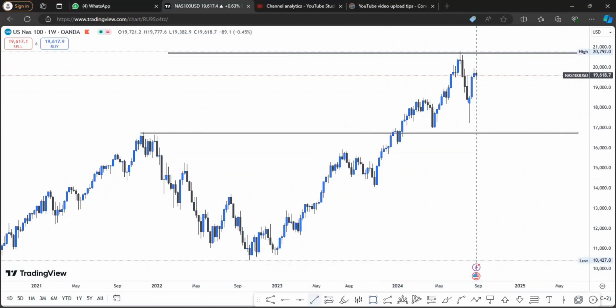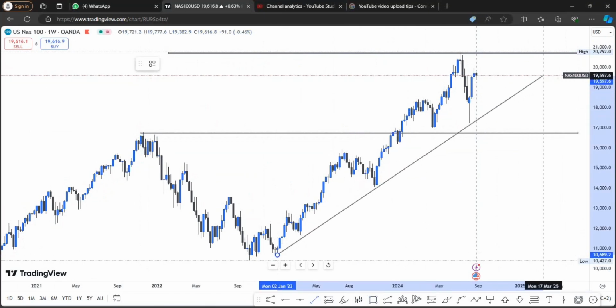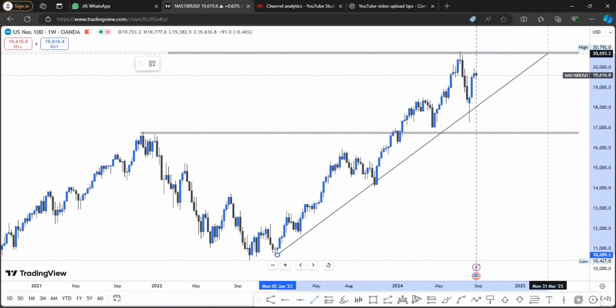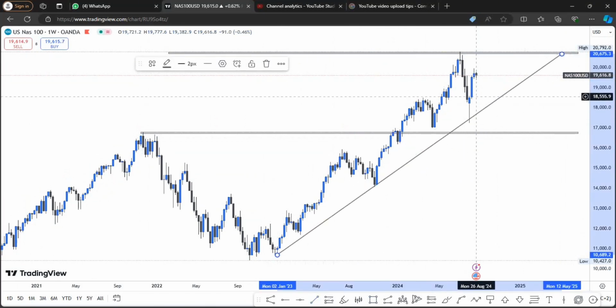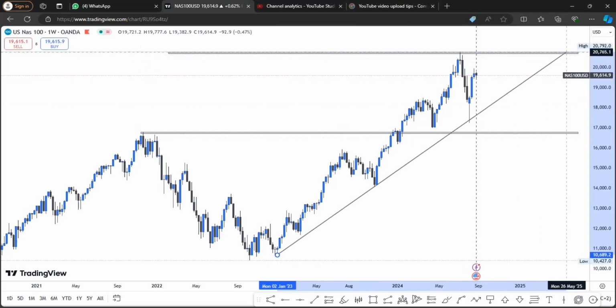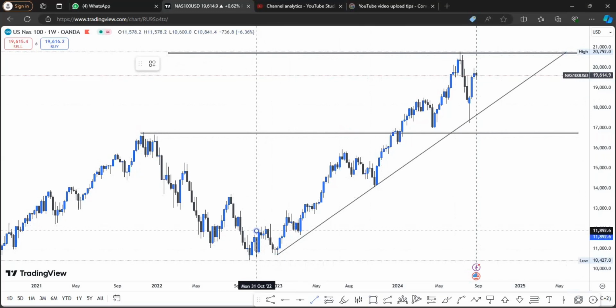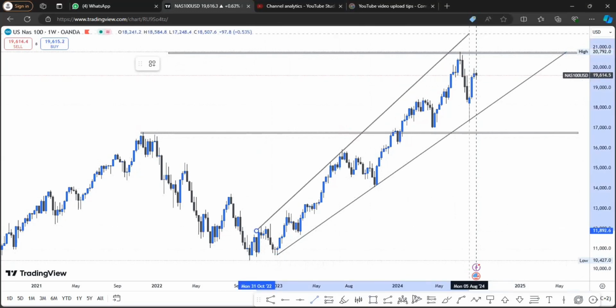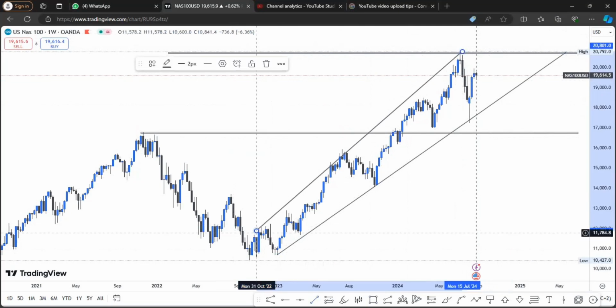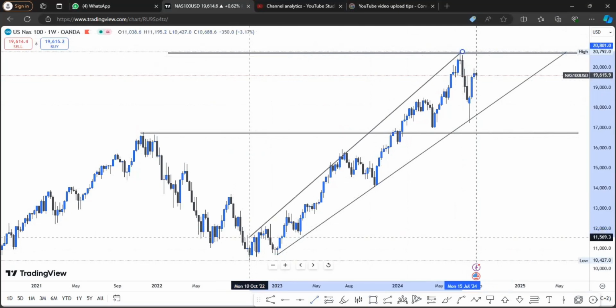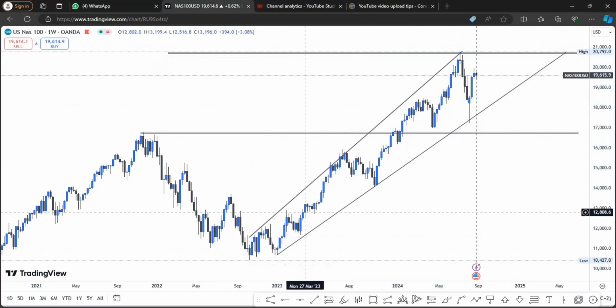Then I get to identify my structure with this trend line here. So this is a diagonal support. So this one here has to be a diagonal resistance here. But this one goes with the touches, remember. So I think it is okay like this.